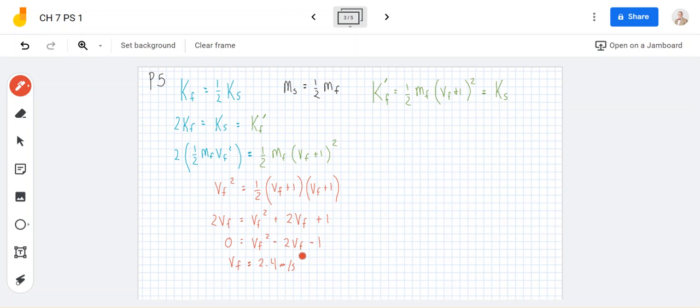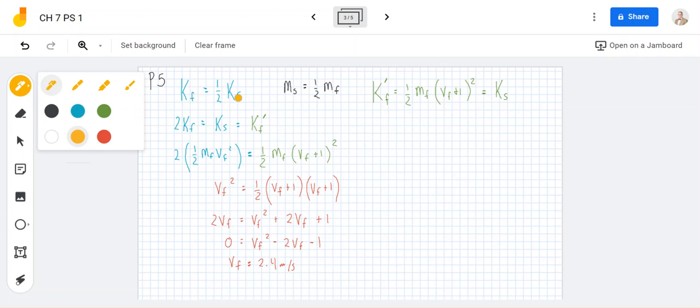So I feel pretty good about that. Now I'm going to have to come back up here and look at one of these, because I still need the speed of the son, right? I still need the speed of the son. So how are we going to get that? I can look at this original statement here.